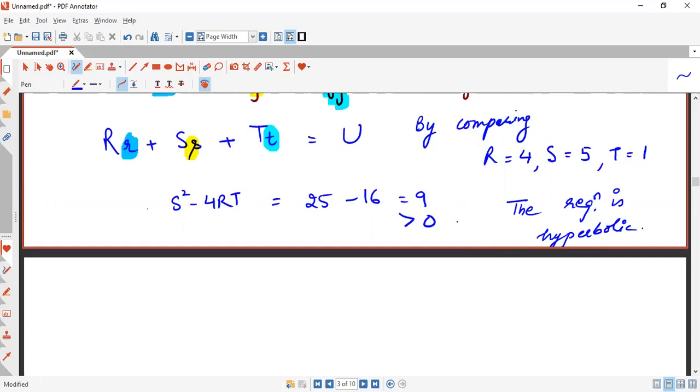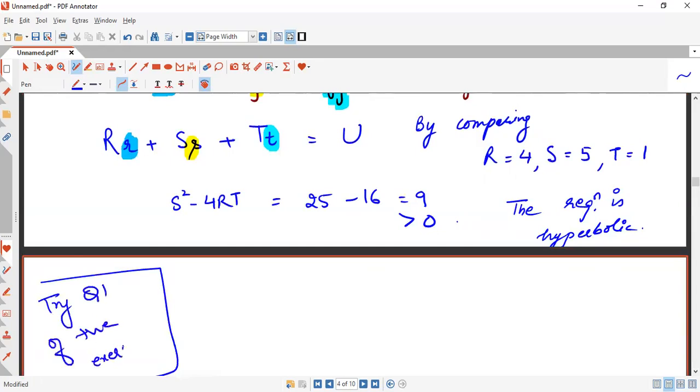You just have to do this part in question number 1 of the exercise, so do try it. You just have to tell whether the region is elliptic, hyperbolic, or parabolic. Now, what will be the characteristic equation?